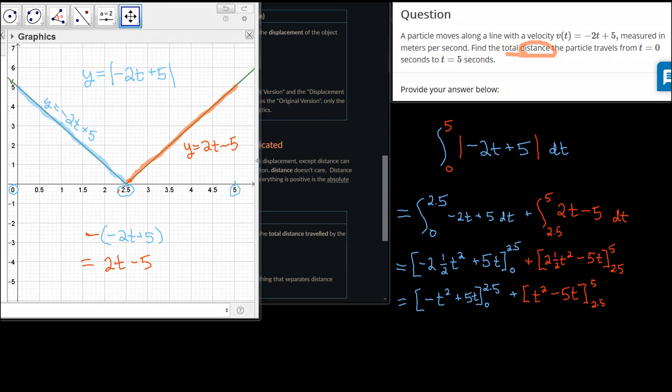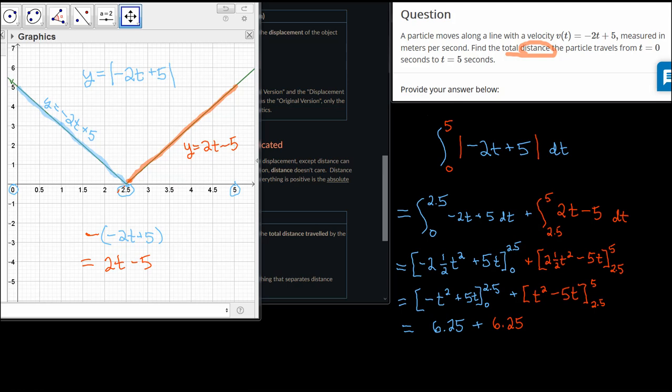Like I said, I'm going to skip this part here. I trust that you can do this. When you evaluate this, it turns out you get 6.25. And when you plug in the numbers over here, you should also get 6.25 for the red part. Which, if you look at the picture, kind of makes sense.